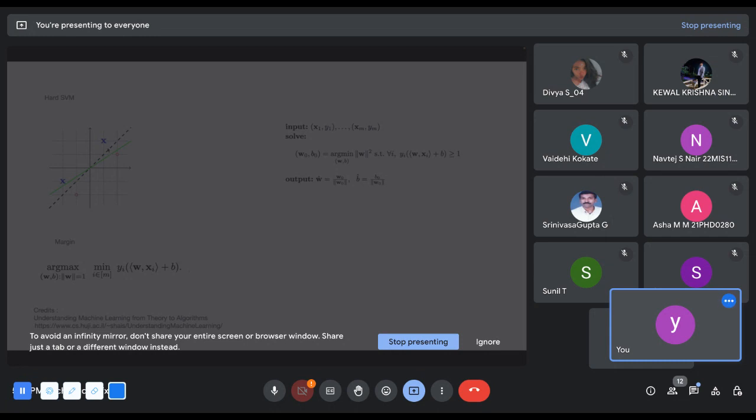It is nothing but the distance between your point and the line, the margin. That's the shortest distance. This point can have any number of distances, but this is the shortest, the perpendicular distance. So that's what it represents.